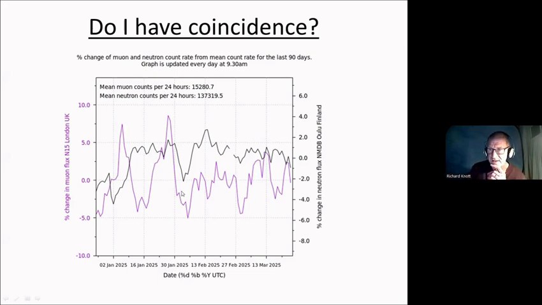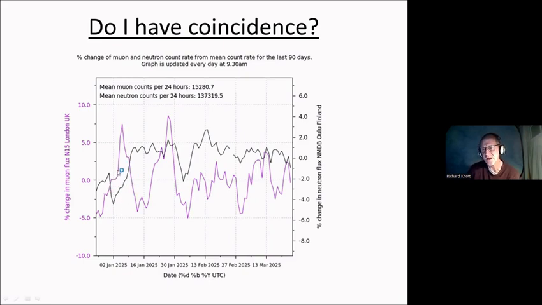Now, I can see in the middle part of the graph here that there is clearly some correlation: the neutron count has gone down by about 4% and my muon count has equally done about a minus 5% change. But there are clearly parts of this graph that don't follow that trend.